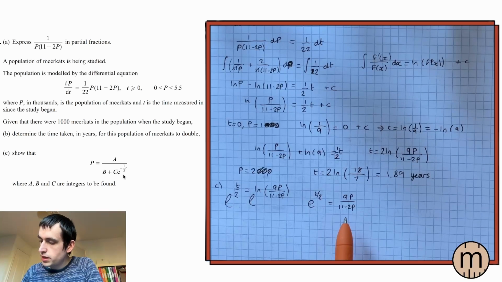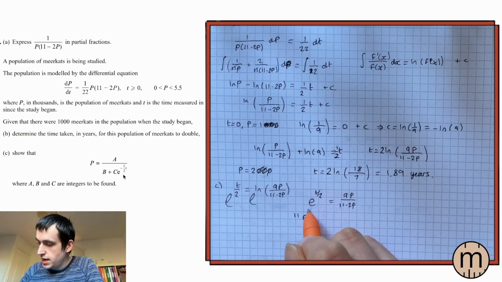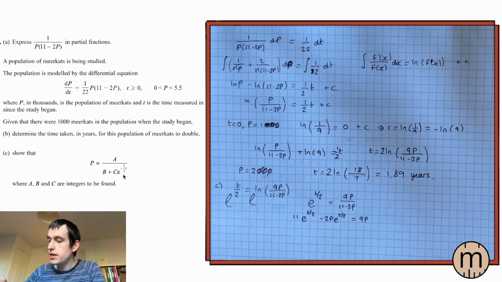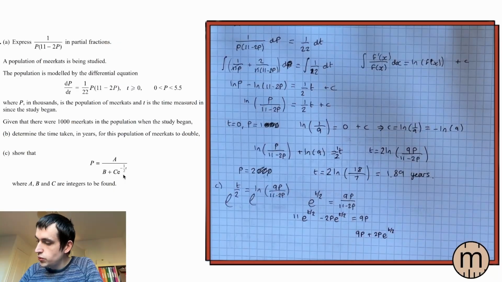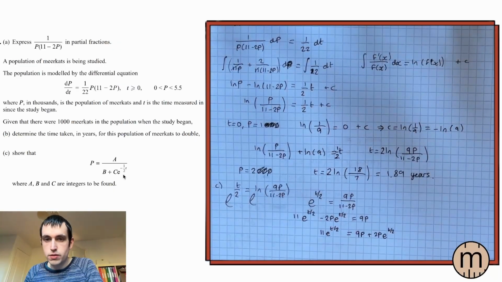What we can do next, we can multiply both sides by 11 minus 2p. So we're going to get 11 e to the t over 2 minus 2p e to the t over 2 is equal to 9p. We want p, so let's get all the p's on one side. 9p plus 2p e to the t over 2, and it'll be equal to 11 e to the t over 2.